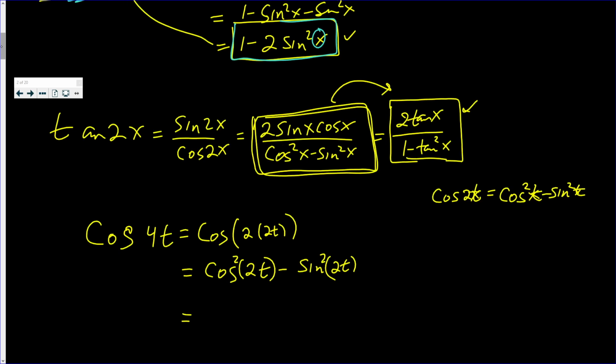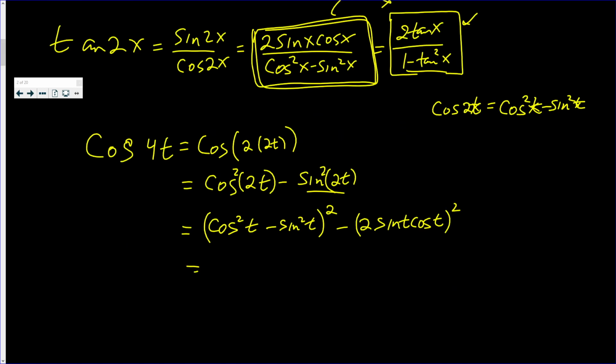And then I get that this is cosine squared t minus sine squared t, squared, minus sine of 2t is 2 sine t cosine t. But this gets squared.